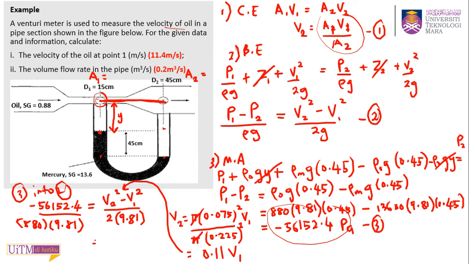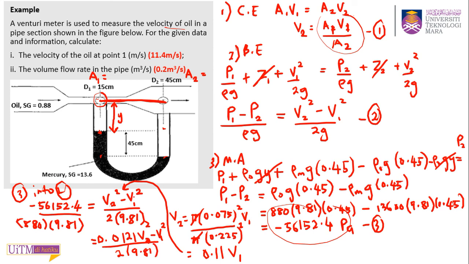V2 squared equals 0.11 squared V1 squared. 0.11 squared is 0.0121. So V2 squared minus V1 squared over 2 times 9.81.